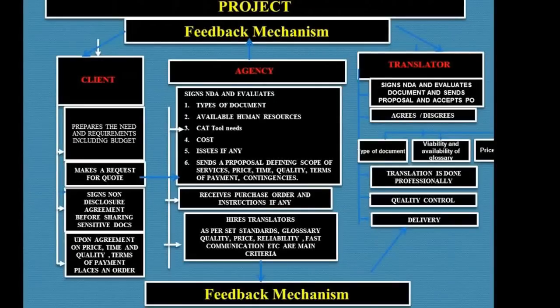Such kinds of agencies you will find in plenty all over the world. My suggestion will be to avoid those agencies, because if you are engaging with those agencies, you are running a risk. You can get yourself into trouble anytime.